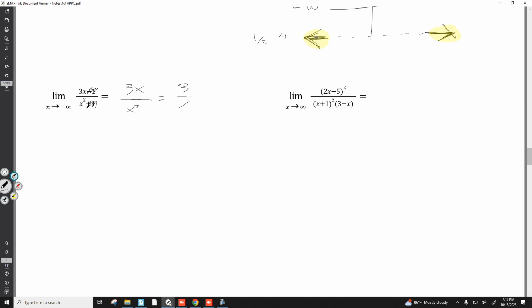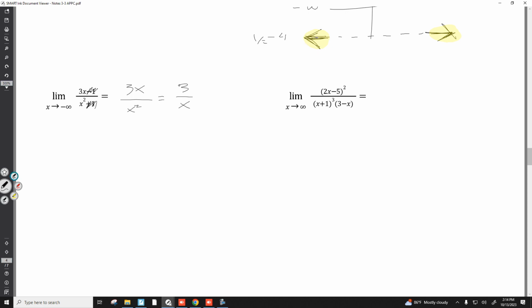Pretty simple. Now for this guy, you have 3x over x squared, which you care about, which you then rewrite as 3 over x, which then you have to do a little bit of thought process. If I plugged in larger and larger negative values, the denominator is going to grow and grow and grow. The numerator is going to stay the same.